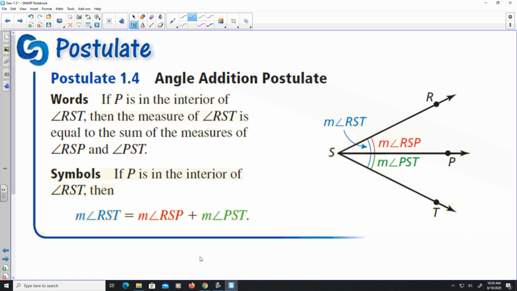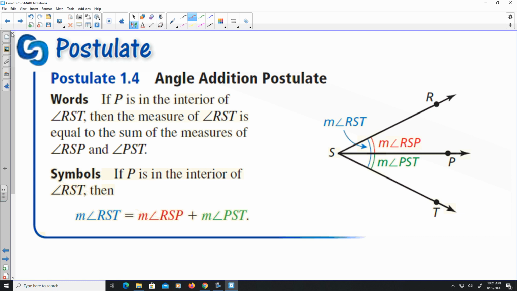Here we have what is called the angle addition postulate. What they're stating here is that if P is in the interior of angle RST, then the measure of RST is equal to the sum of angles RSP and PST.